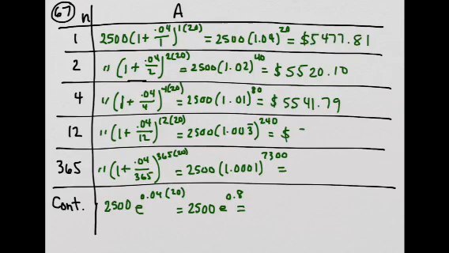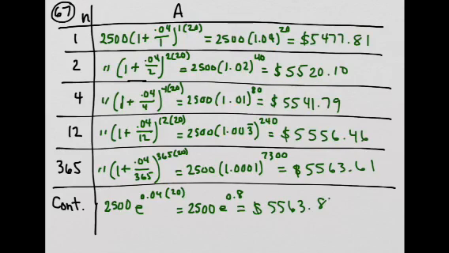Then it's 5,556.86. You get 5,563 with 61 cents. And then for the last one, for continuous compounding, you use the E. So 2,500 times e to the 0.8, and you get 5,563 and 85 cents.